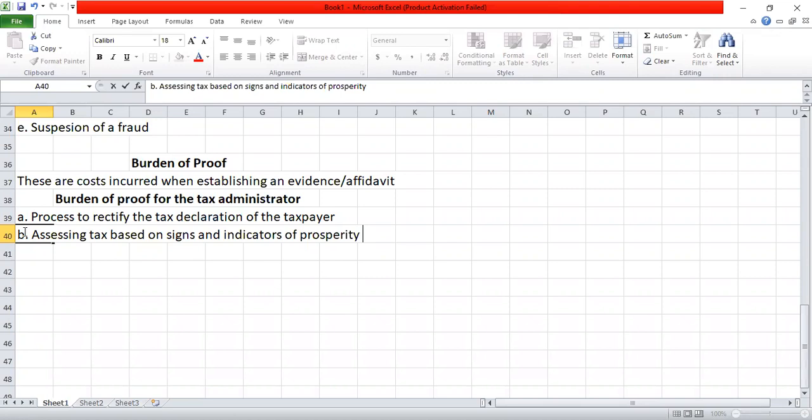If you want to prove that this person has economically grown, or has purchased a motor vehicle and the money came from the business, providing that affidavit is also a burden to the tax administrator.